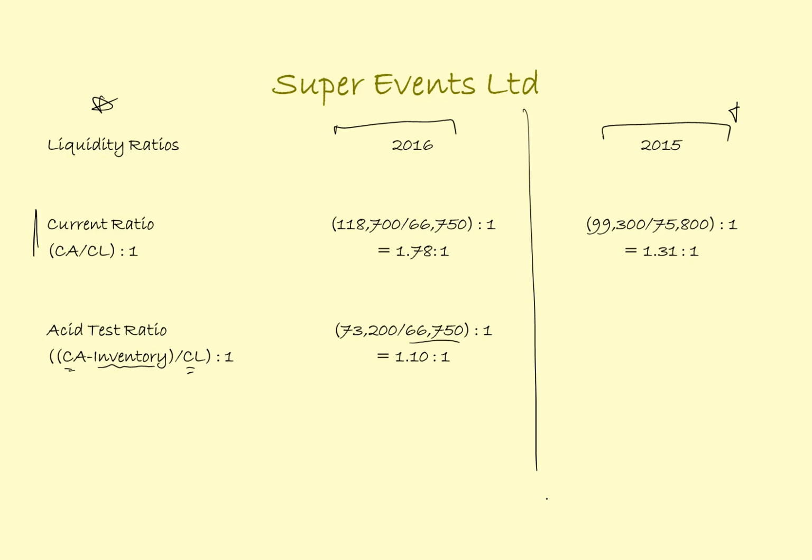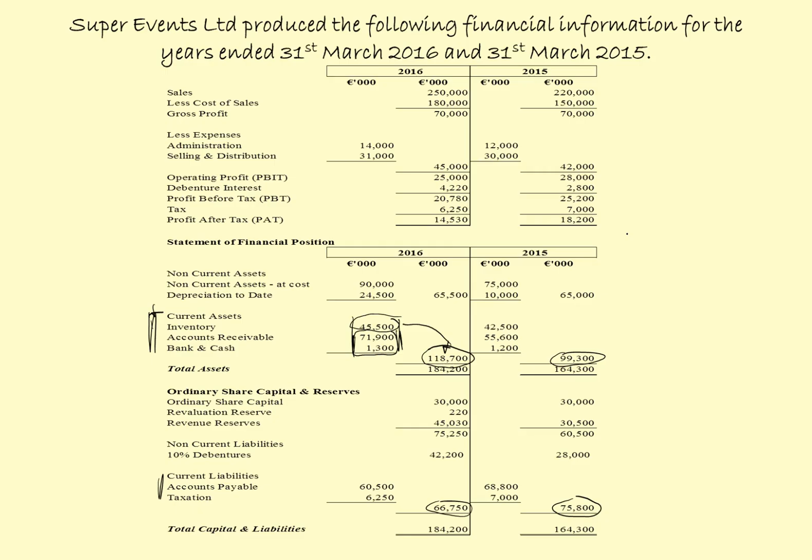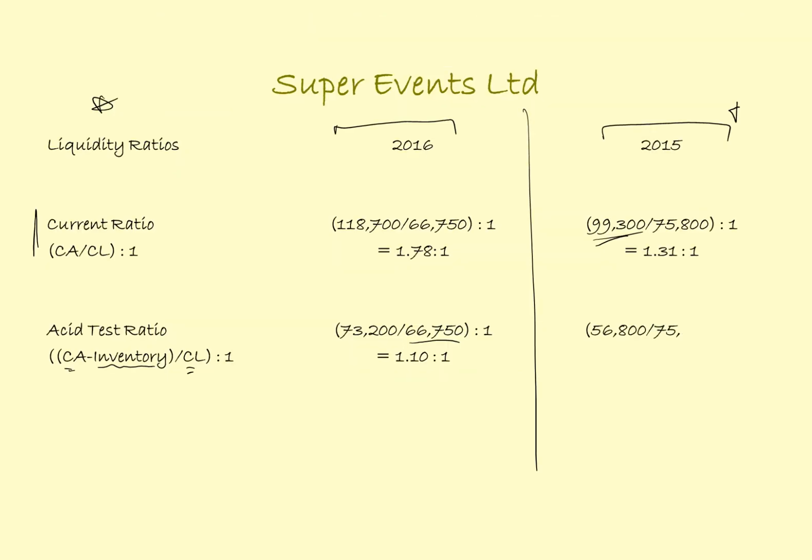And then for my asset test ratio, I'm going to take the current assets that I have here, but I'm going to remove the inventory. So let's just have a look at that. So I'm going to remove 42,500, which will leave me with 56,800. So if I go back here, I got 56,800 divided by 75,800 to 1, which gives me 0.7521.